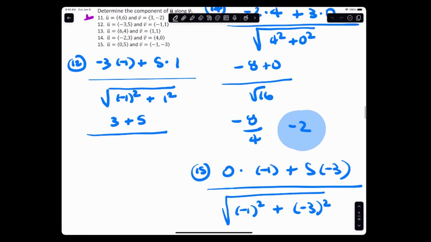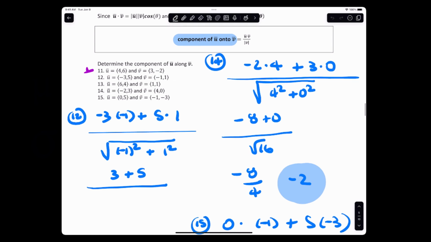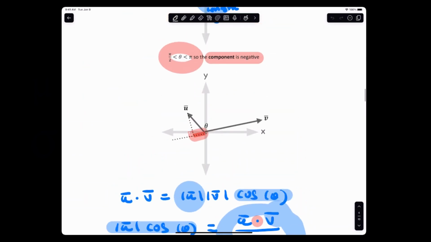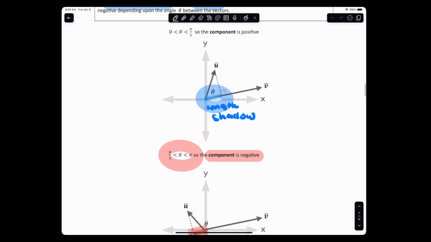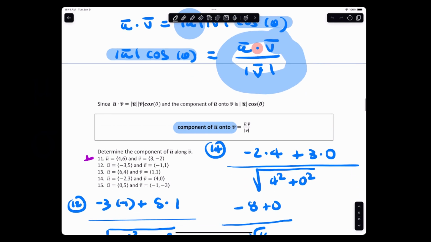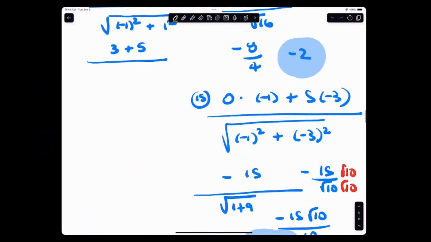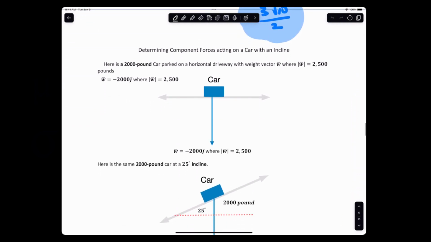So, what I want to do here, remember this, we worked on finding the component of u along v, right? We did these, it's the shadow we talked about here. Find that shadow, and it's a scalar. And that's going to be an important detail, component of u onto v. So what I'm showing you guys here now is kind of an application of that.